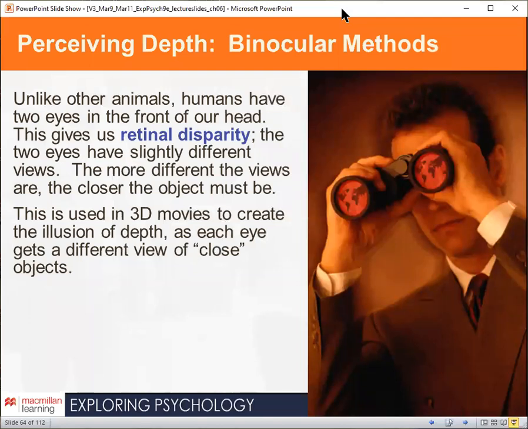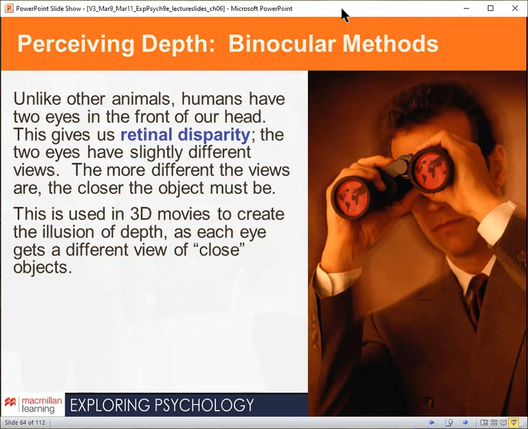So the more different the views are, the closer the object must be. So if you hold your finger out at the very length of your arm and then bring it in as your eyes are focusing on it, you'll see they get really close. The disparity, open one and close the other, you'll see it shifts quite a bit. So that gives us some idea of distance.